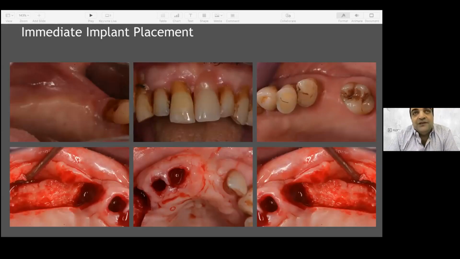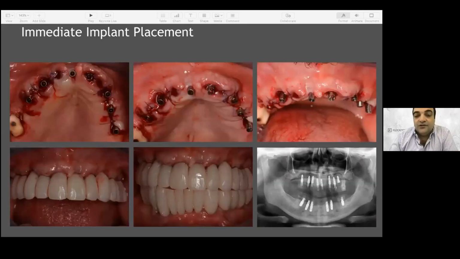The patient came back after 1 year, because I told you he was living abroad, and he was very happy with what we did at the level of the mandible, and he wanted to do the same for the maxilla. So we did the extraction and we placed 8 implants in the upper jaw.